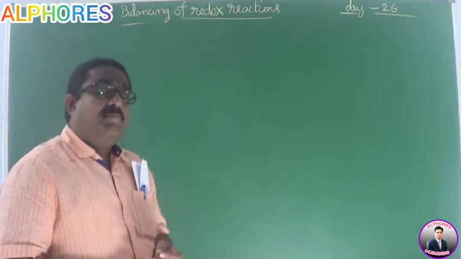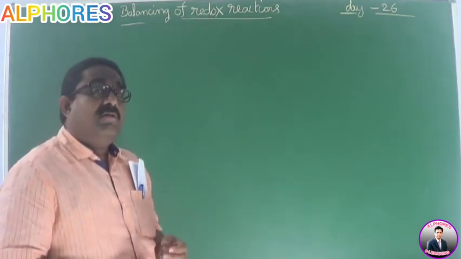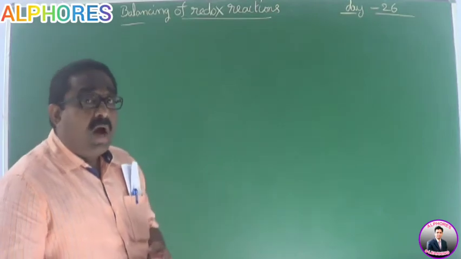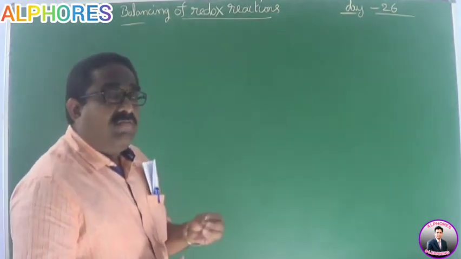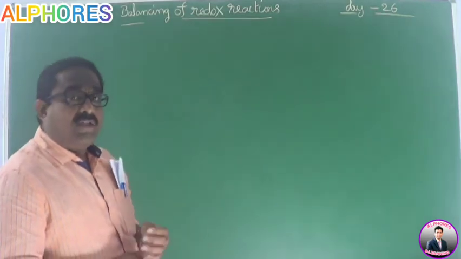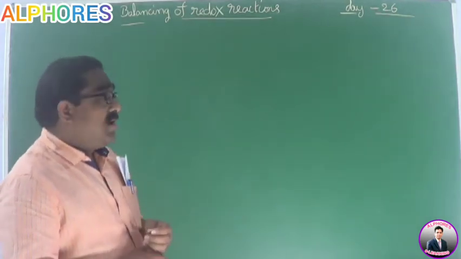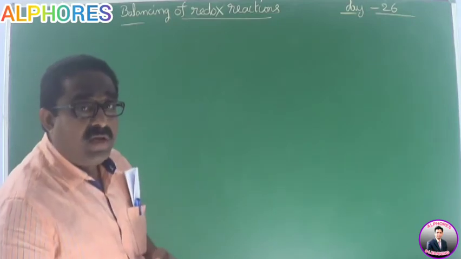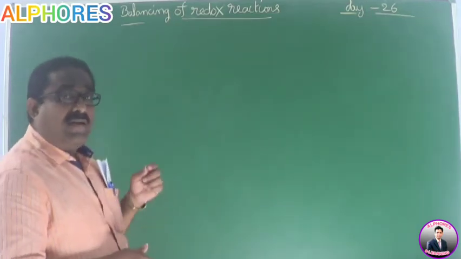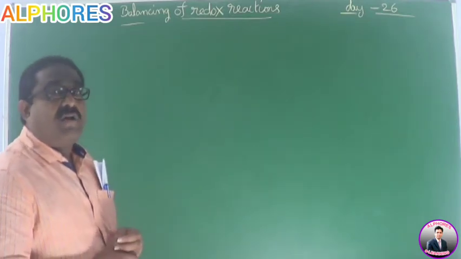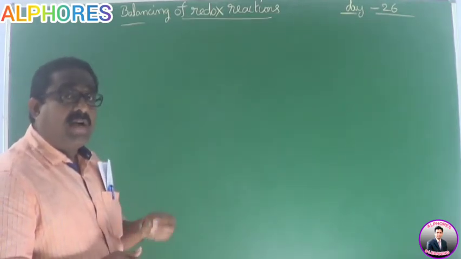And finally, in the previous session, I explained how to finish off that balancing within a very short interval of time, especially for attempting objective examinations. Today, in this session, let me continue that technique of balancing redox reactions by taking some more examples.